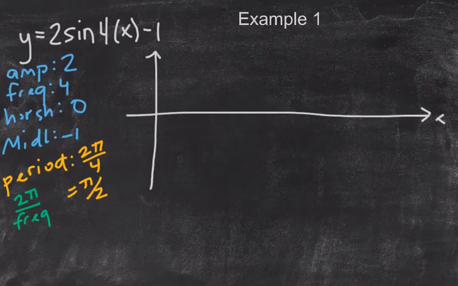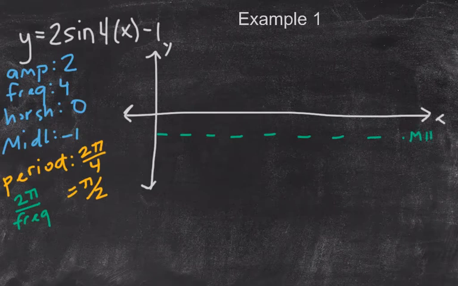I've got my x-axis and my y-axis. I'm going to start this one at the midline. So I'm going to go ahead and put my midline in at y equals -1. And let me just mark that as my midline. That's at -1.